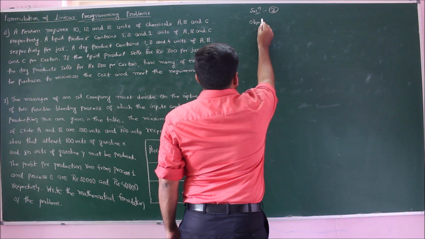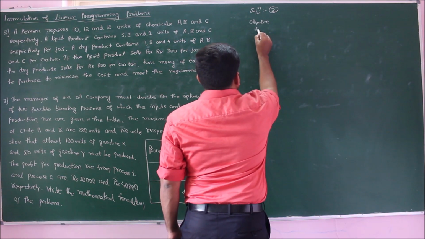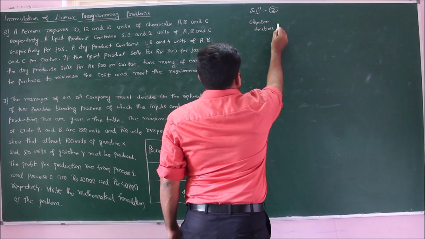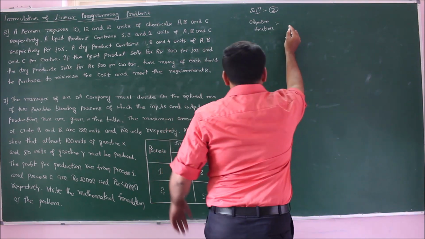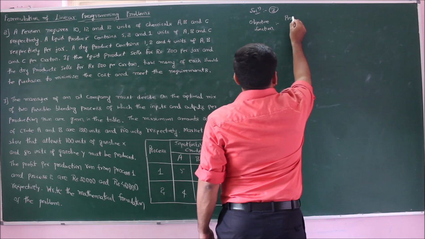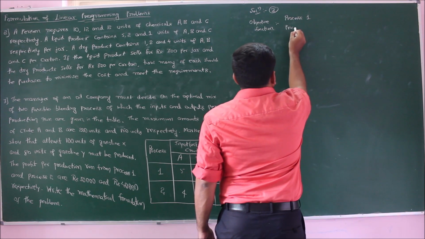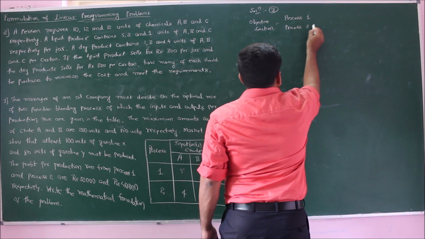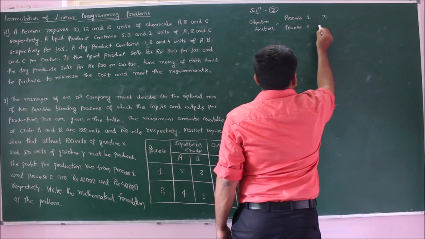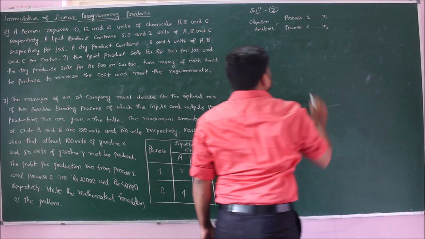So the objective function is based on process 1 and process 2 because he is making profit based on process. Let us treat process 1 as x1 and process 2 as x2.